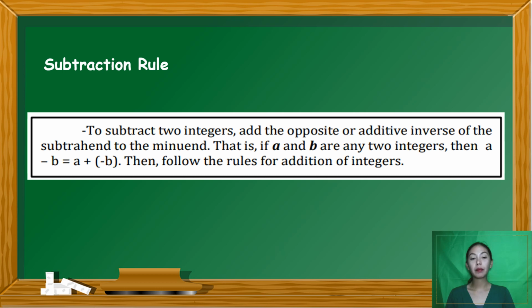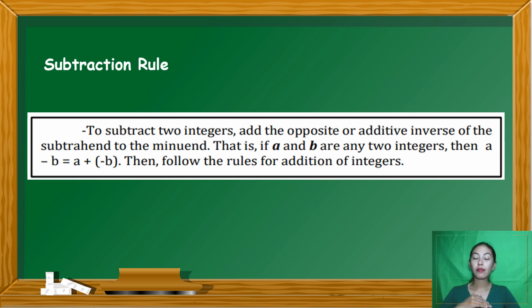So, this is what was shown in the last part of the rules, as I have discussed in the previous slide. Again, we will add the opposite or additive inverse of the subtrahend to the minuend.